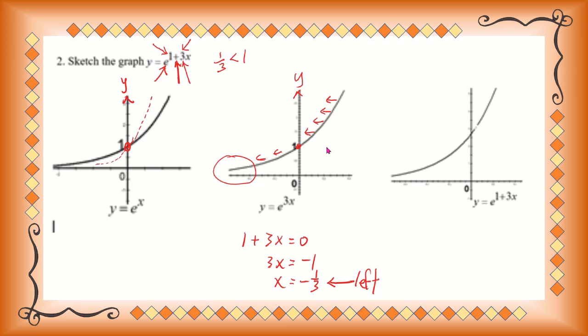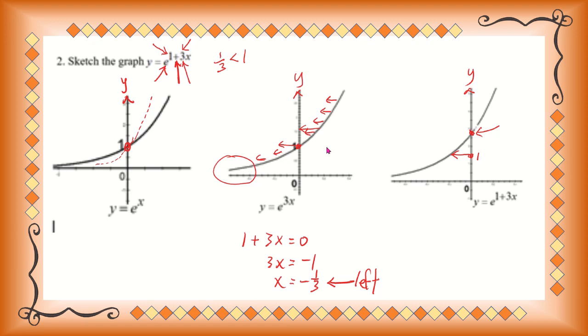So after shifting, 1 will go to the left. Initially 1 is here. After shifting, 1 is no more y-intercept. Instead of that, another point will come and intersect with y, becomes the new y-intercept.